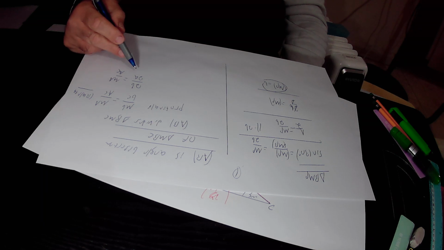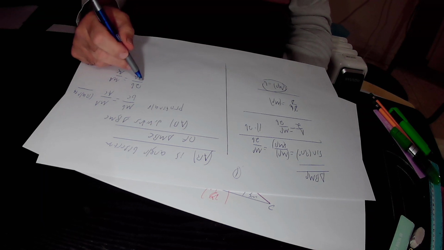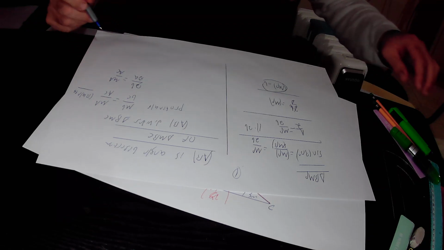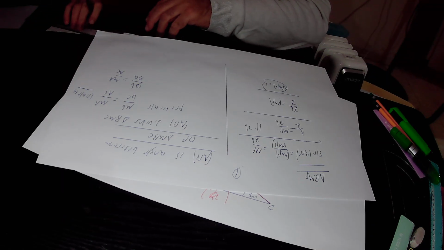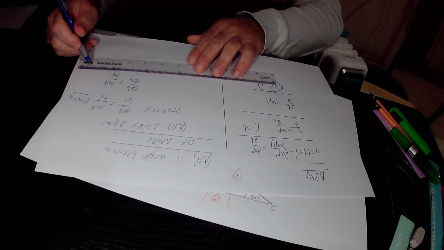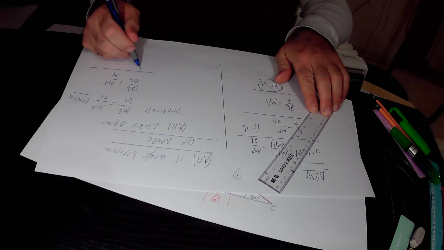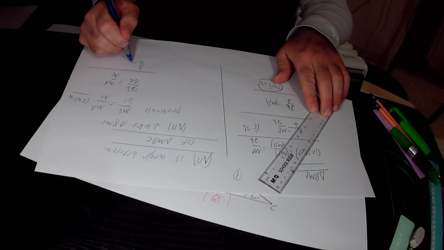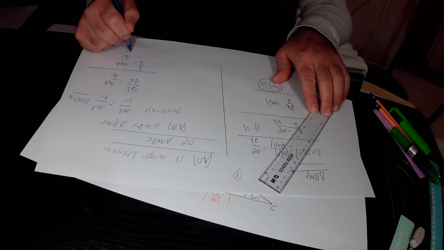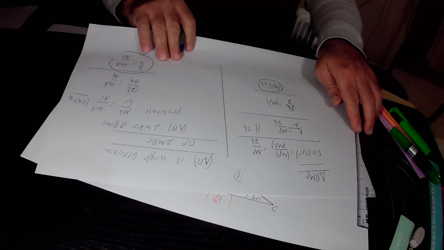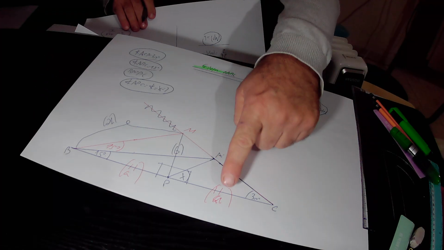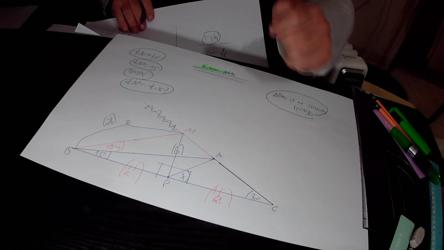We have 2 in the denominator and numerator, so the 2 gets cancelled, and finally we find that B over A equals MA over AC.